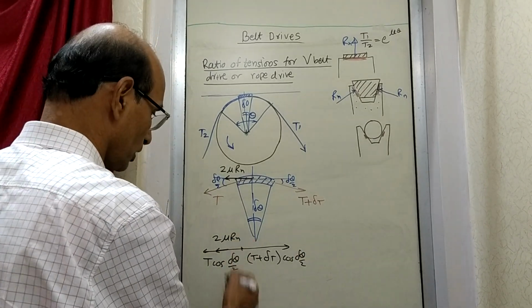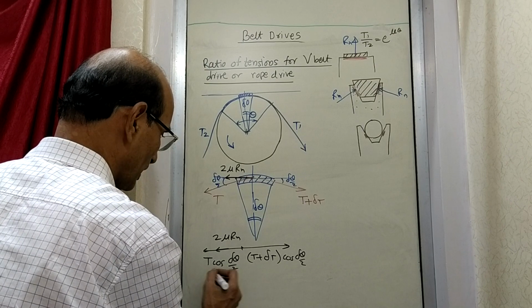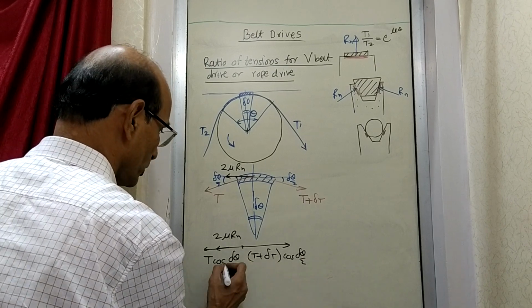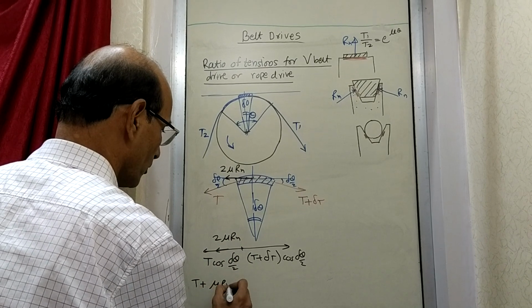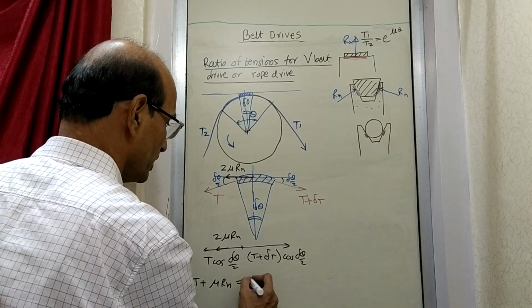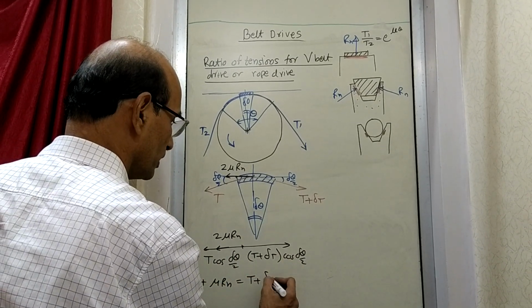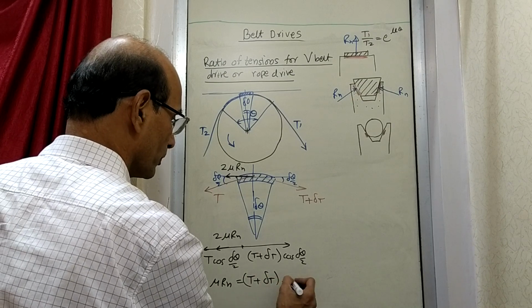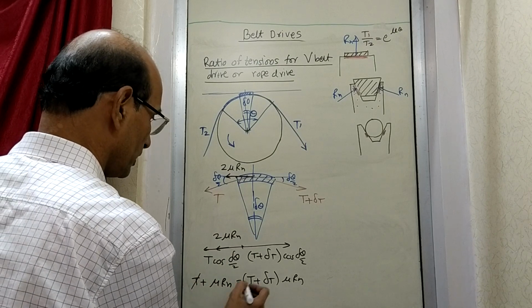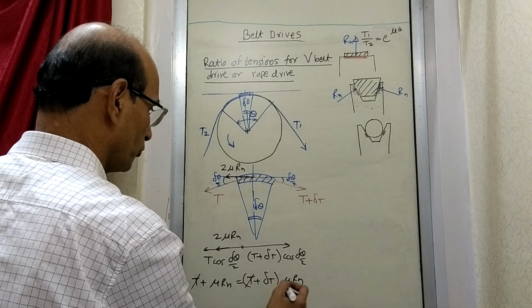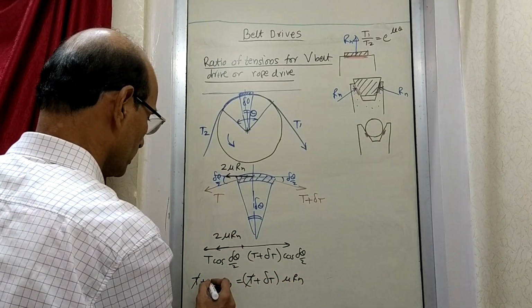So when we solve this further, like last time cos theta goes. So it is T plus mu Rn is equal to, on this side it is T plus delta T into mu Rn. So here the T and T goes, and then we are left with, in fact this is 2 mu Rn.